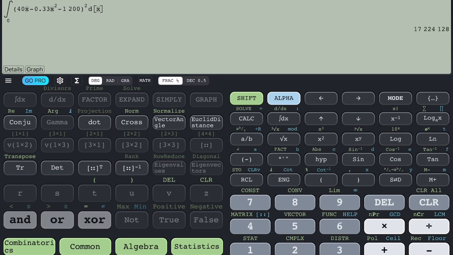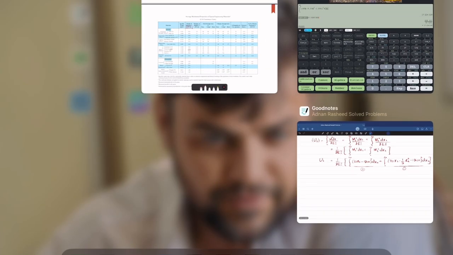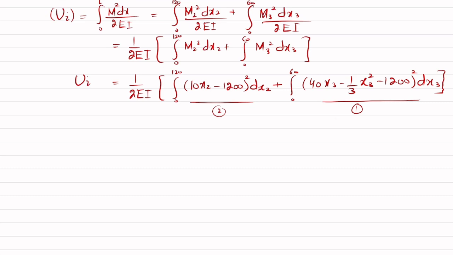And when you solve this, you will get 17224128, and if you divide it by 10 raised to power 6, that will be 17.22 into 10 raised to power 6. So I will write 17.22 into 10 raised to power 6. Now we will solve this one.